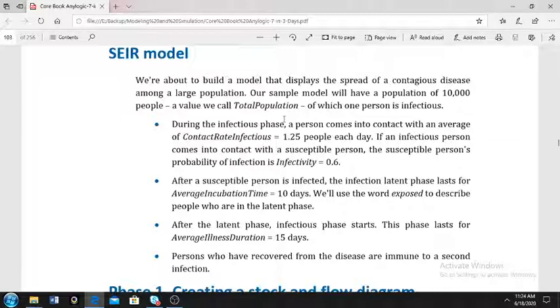Sampling means we pick a few units from an entire population. So we have a population which is bigger than 10,000, but we are going to simulate on a sample of 10,000. It is this 10,000 that we are going to call total population, not the real population.